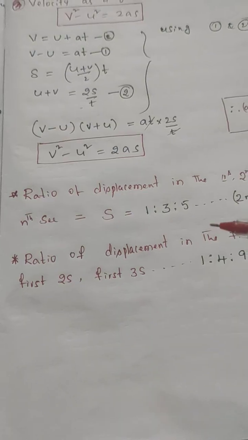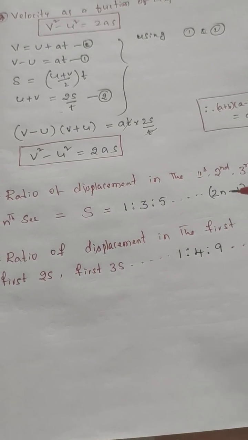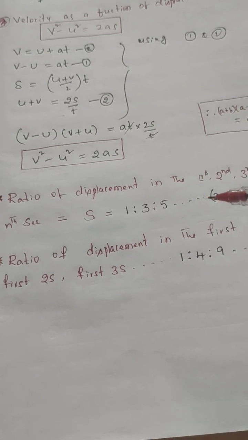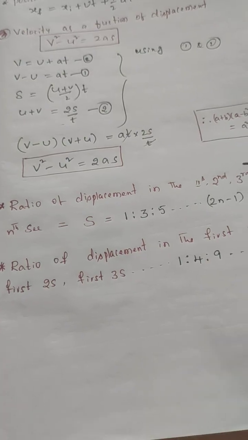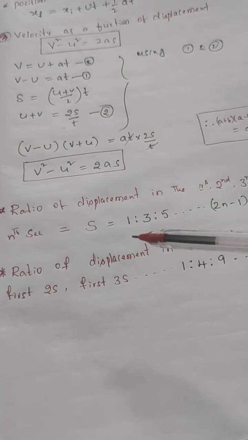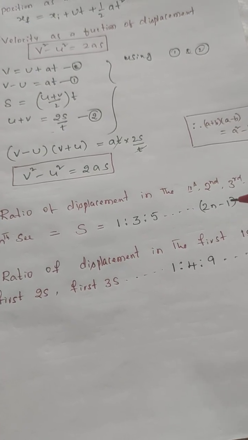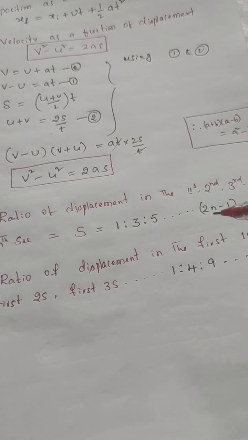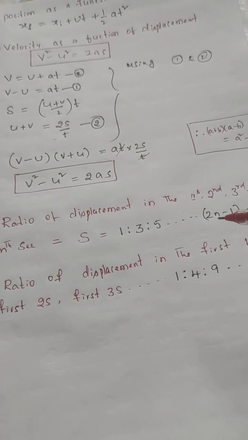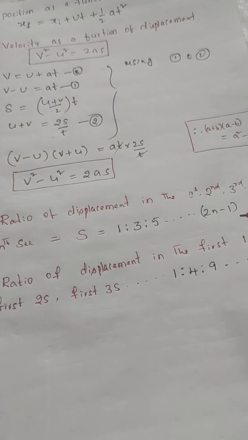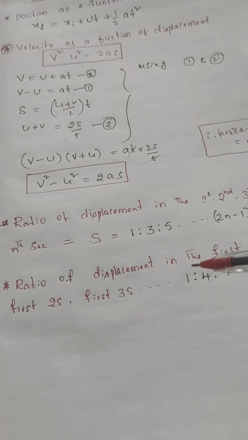Substituting values, we get 2n minus 1 in that. After substituting for the first, second and third seconds, the displacements come as 1, 3, 5 up to 2n minus 1. In this 2n minus 1, we substitute n value 1, which gives 1; n value 2 gives 4 minus 1, 3. Like that we get the numbers.